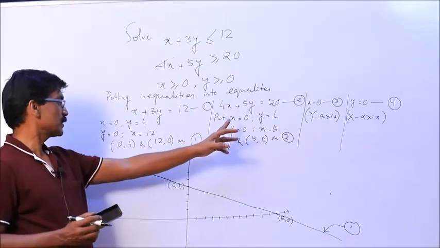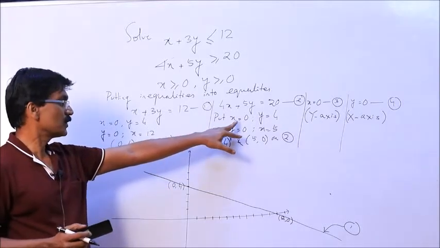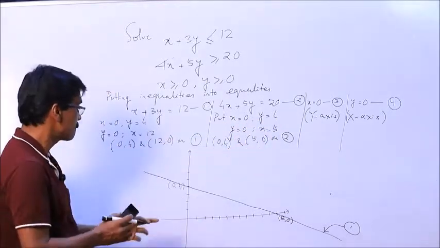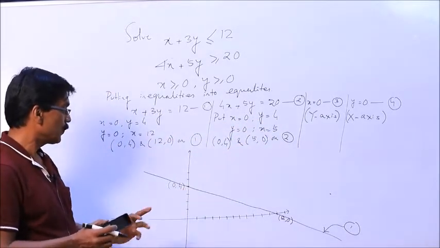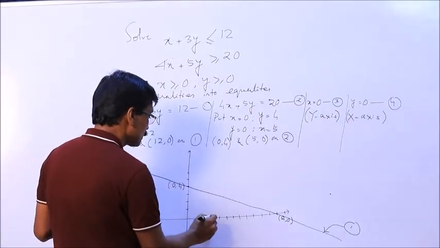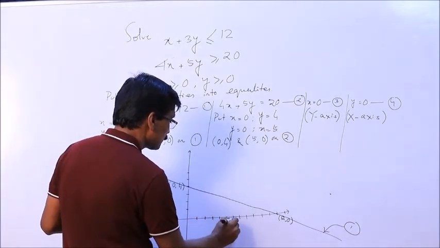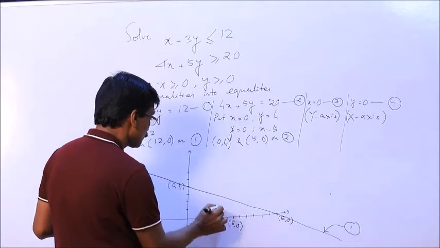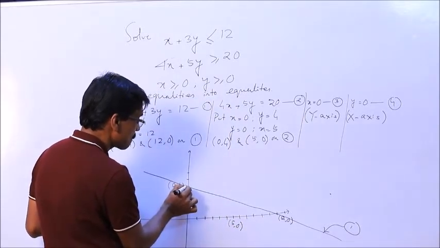And for the second equation, it is 0, 4 and 5, 0. Again it has 2 points.